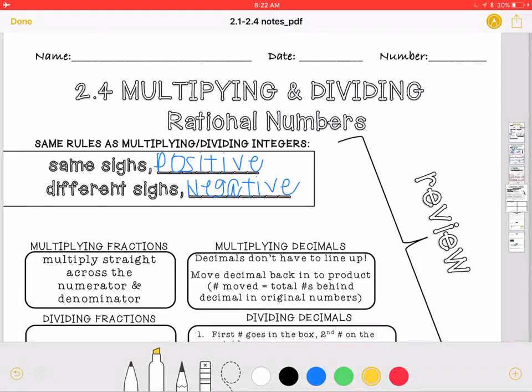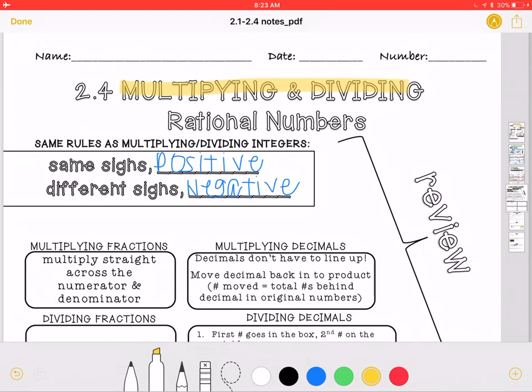All right, class, 2.4, our fourth and final lesson here, multiplying and dividing with rational numbers. Same pattern here, we're using the same rules as from chapter 1.